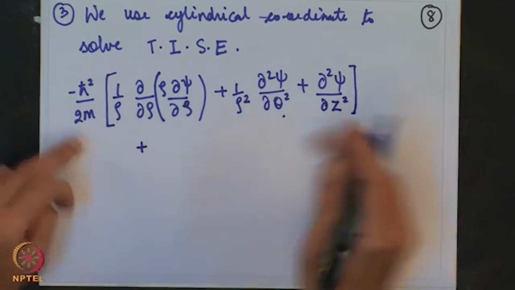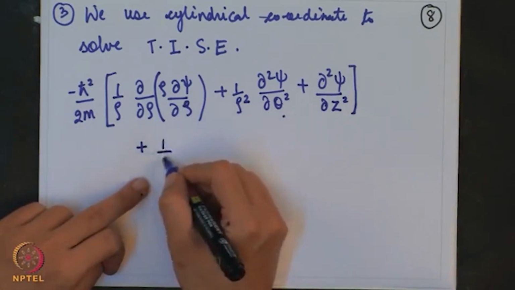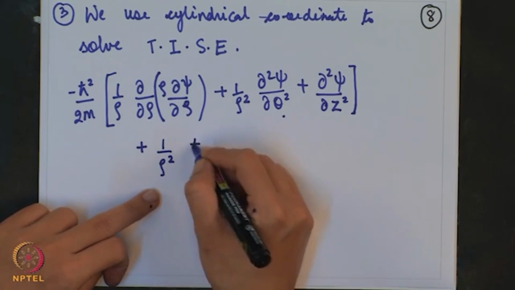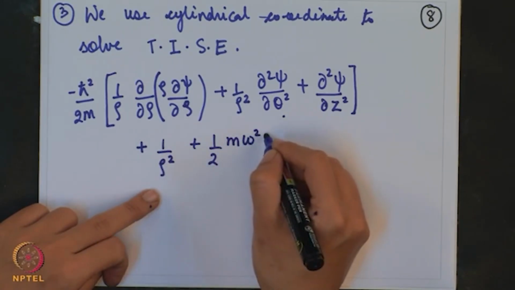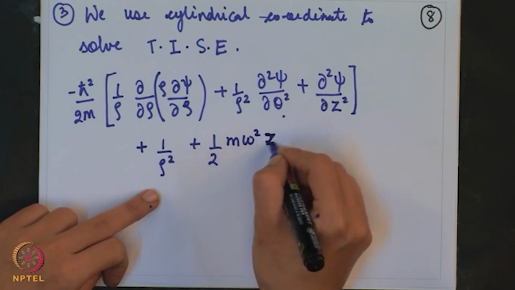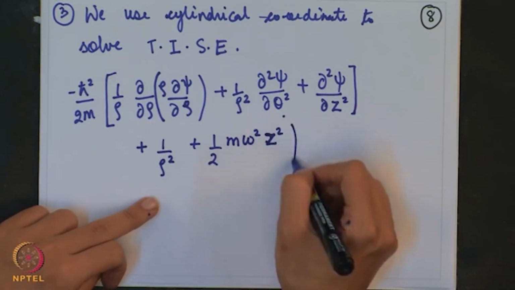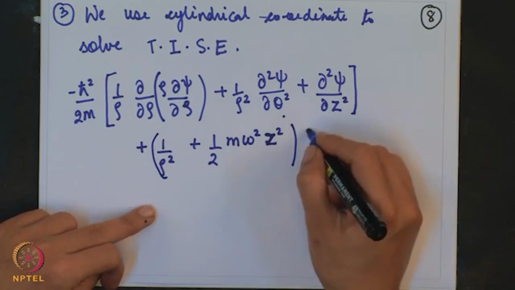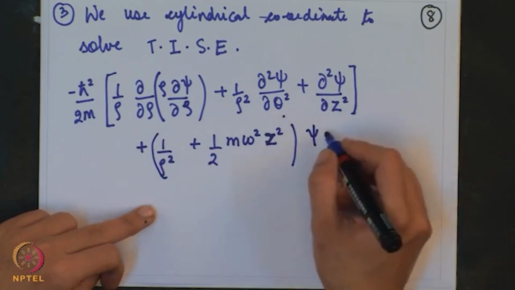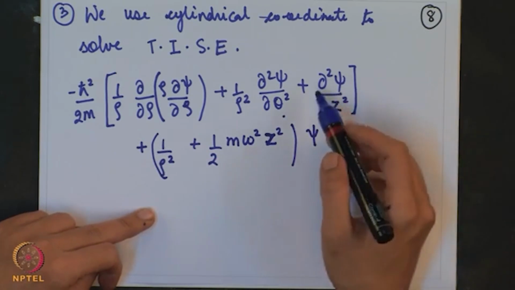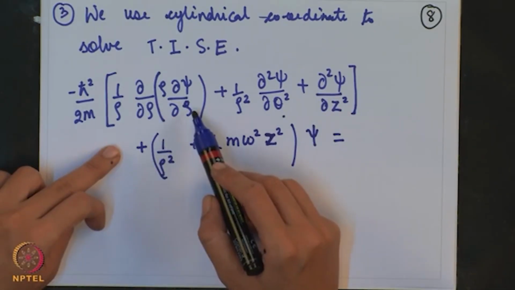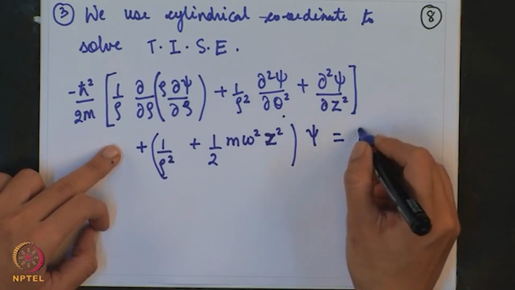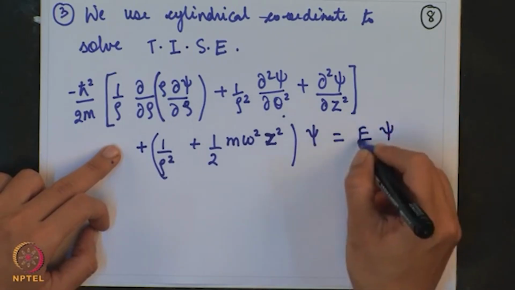The potential term is 1 by rho square plus half m omega square z square, acting on psi, where psi is a function of rho, theta and z, equal to E psi.